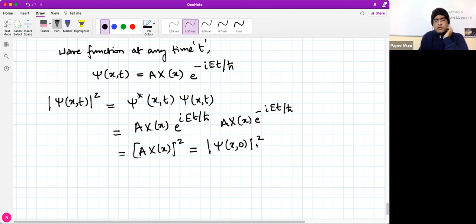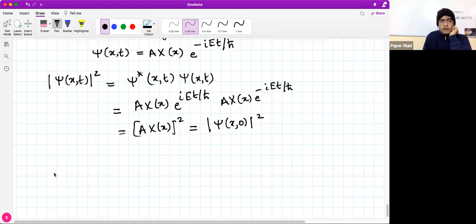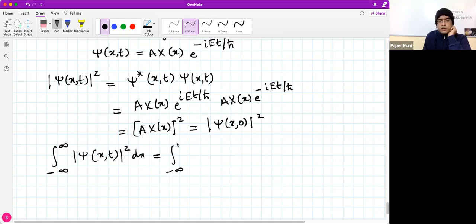So we can see that the probability density is equal, and the normalization condition is also equal: the integral from minus infinity to infinity of psi(x,0) mod square dx is equal to 1.